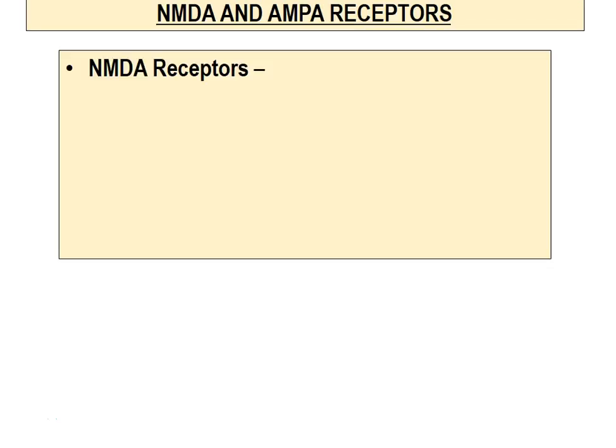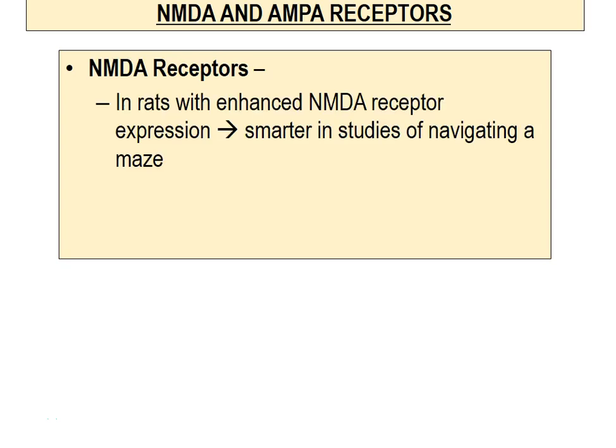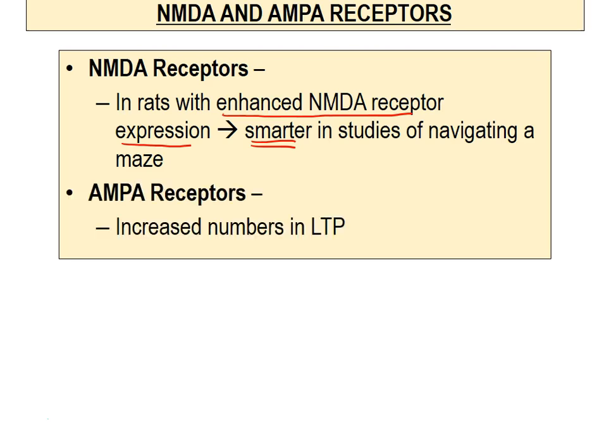And so studies of the NMDA receptor in rats, where they enhanced the expression of additional NMDA receptors, showed that rats were smarter in studies looking at the rat's ability to navigate a maze. And also, as I mentioned before, it's been found that AMPA receptors are increased in number due to long-term potentiation.